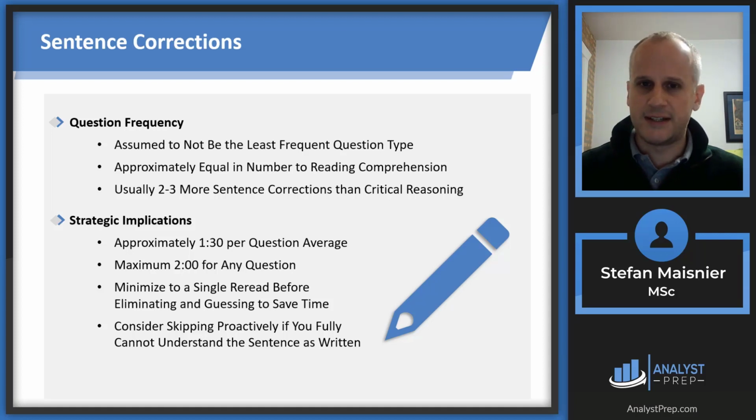So since the sentence corrections are all self-contained, one question at a time format, you can, to a degree, with some level of discretion, decide pretty quickly that you may want to just skip over a question if you're immediately not really understanding the sentence or looking at the choices and saying, I can't determine the differences.